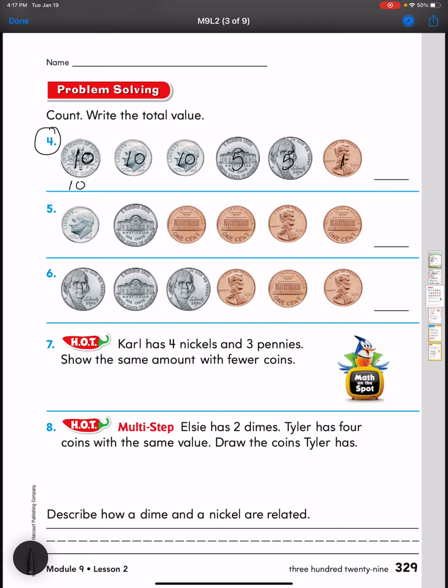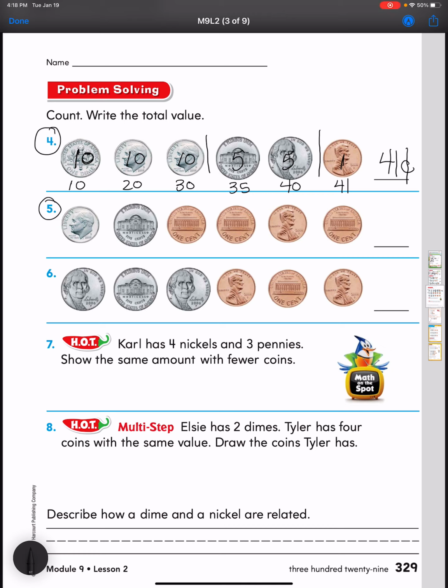So I could say 10, 20, 30. Now I'm going to start counting by fives. 35, 40. Now I'm going to start counting by ones. 40, 41. So this group of coins is worth 41 cents. Okay, let's look at number 5.